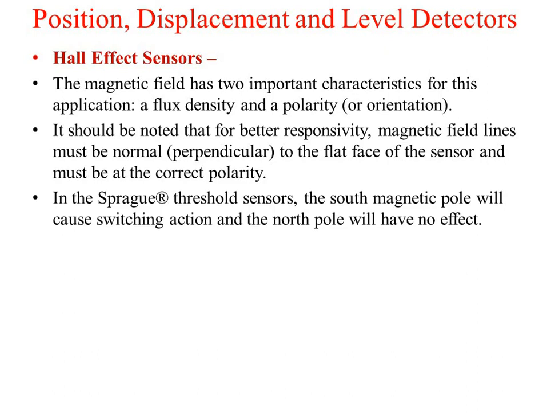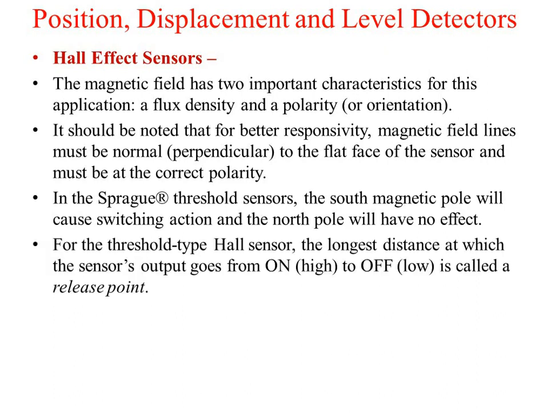Then this is the threshold sensor. The south magnetic pole will cause the switching action, and the north magnetic pole doesn't have any effect. That means if you are using the south pole only, that will cause a switching action, and if you are using a north pole, that will not cause any effect on the output.